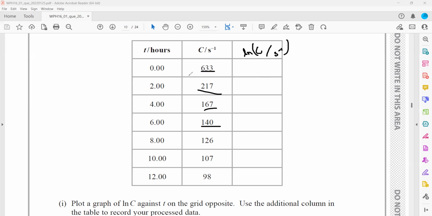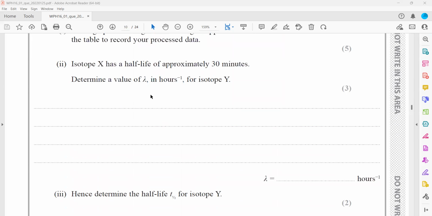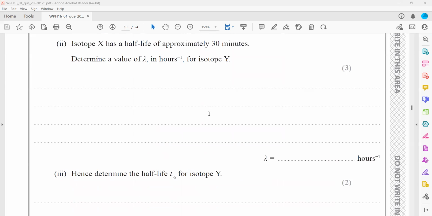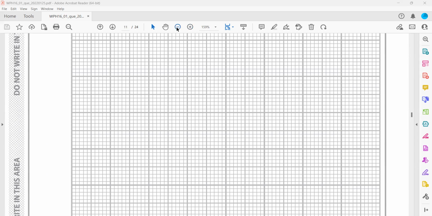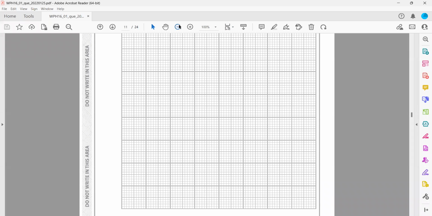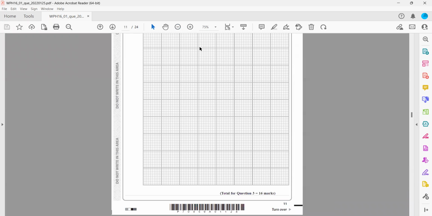So you will write these in this column and then plot a graph between t and ln C. And the shape of the graph: on the y-axis you have ln C, on the x-axis you have t, and as it is a constant gradient, you will have the values like this.